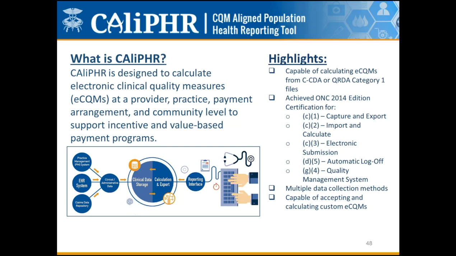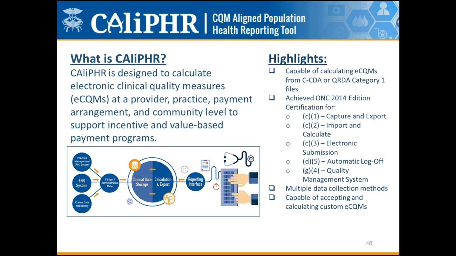Caliper stands for CQM-aligned Population Health Reporting. It's designed to do just that, to aggregate data across the community and run calculations. In 2015, we began development on it, and the tool was ultimately certified in December of 2015 for ONC's 2014 edition certification for all CQM criteria.